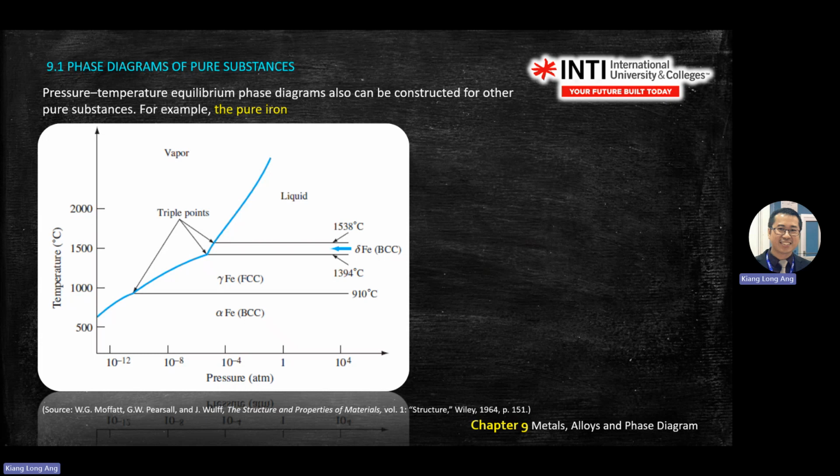Now for metal, you cannot simply say it's a solid. Solid, then what? It can be gamma, it can be FCC, it can be alpha, BCC, and so on. Different ferrum will give you different colors.